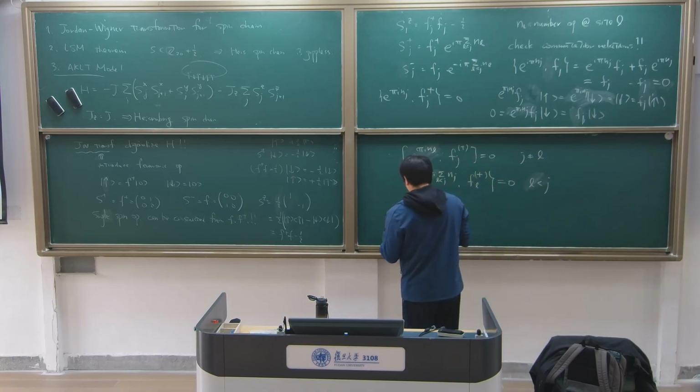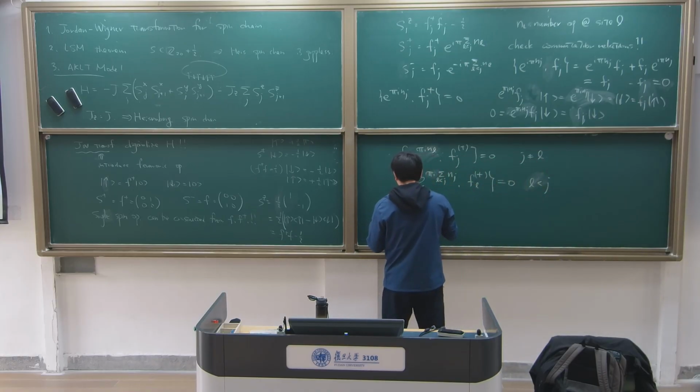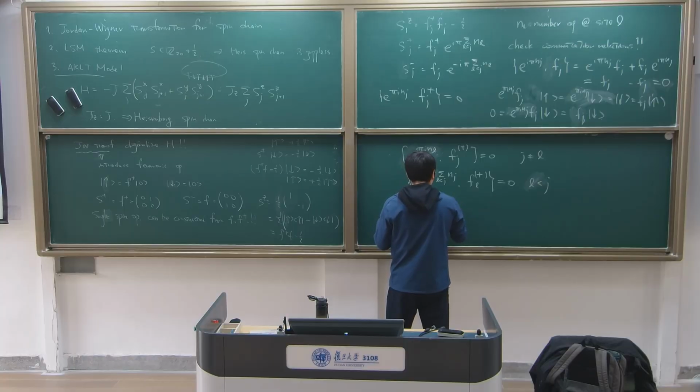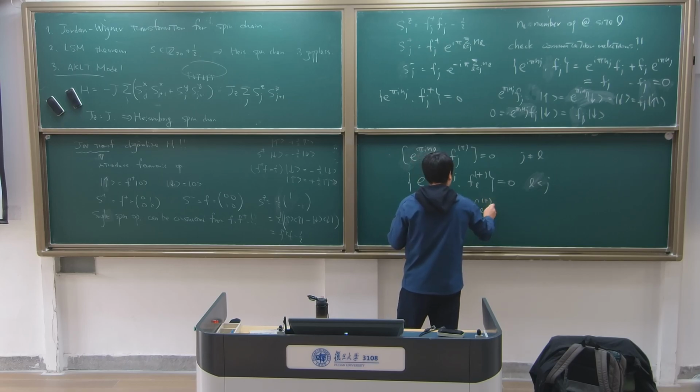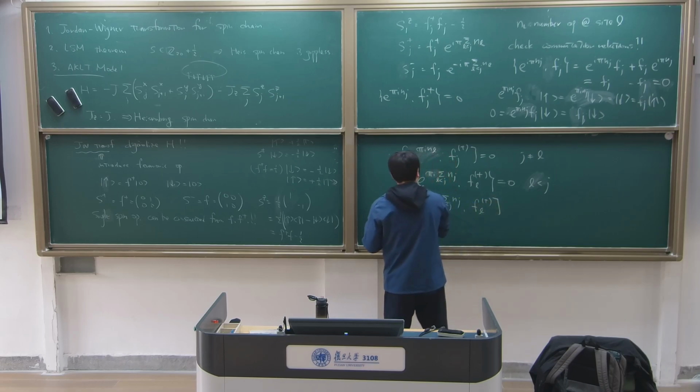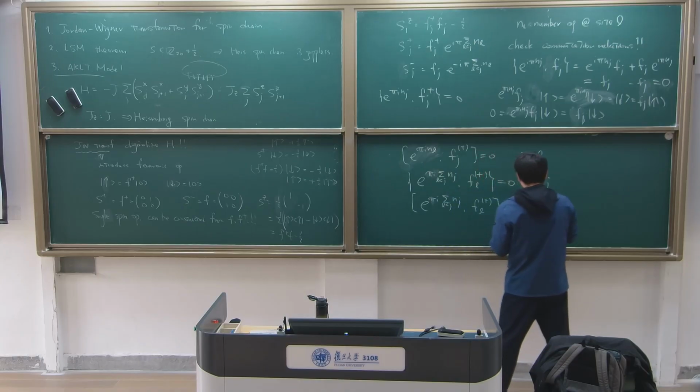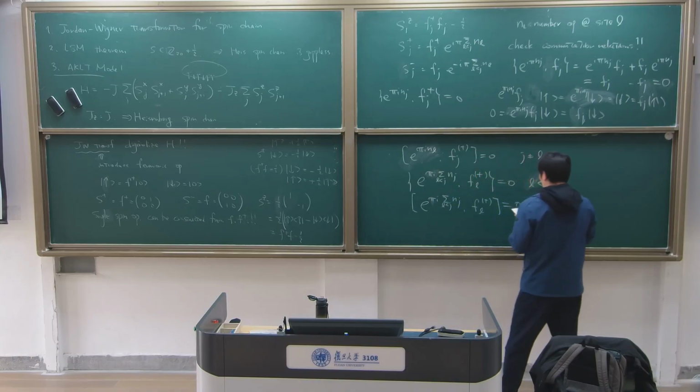Furthermore, one can show that the e to the i sum over l, j, and j in l together anti-commute is equal to 0 for l greater than j.